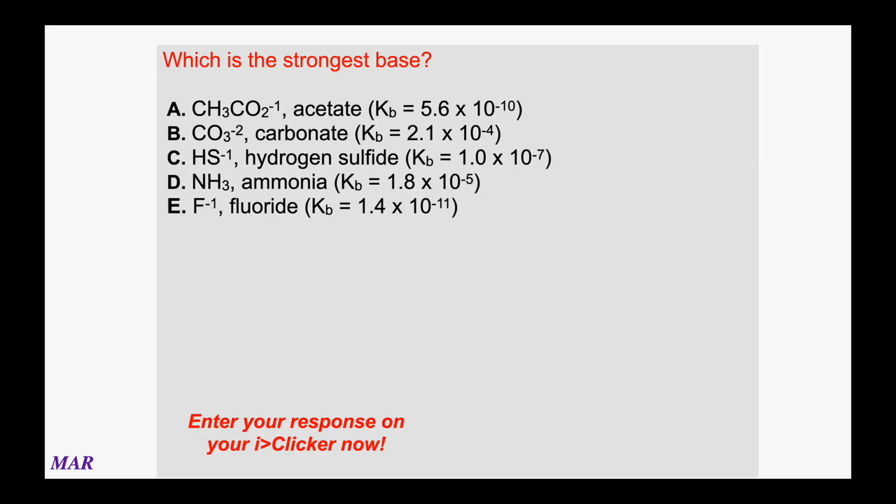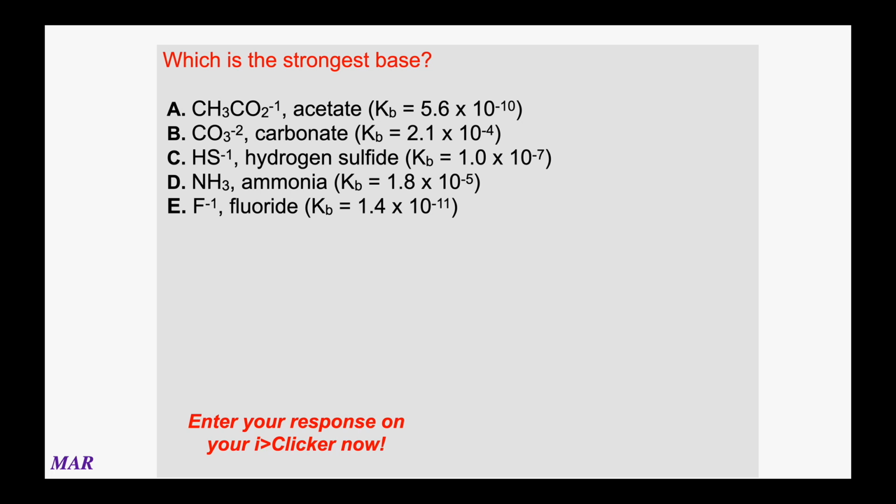Here are 5 bases, and they all have a Kb value. And the question is, which one is the strongest base? Well, all of these Kb values are equilibrium constants. And as we saw in the last section, Ks greater than 1 have lots of product, Ks less than 1 have mostly reactant.